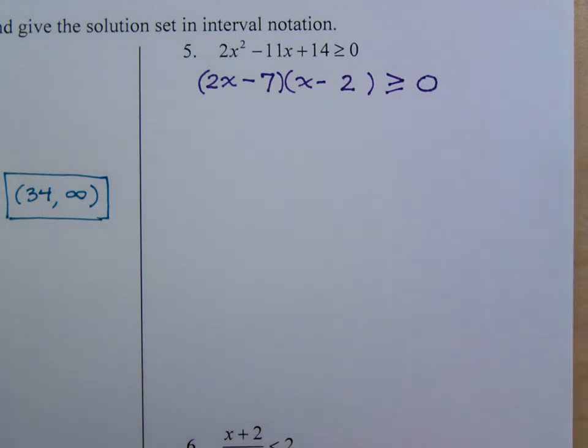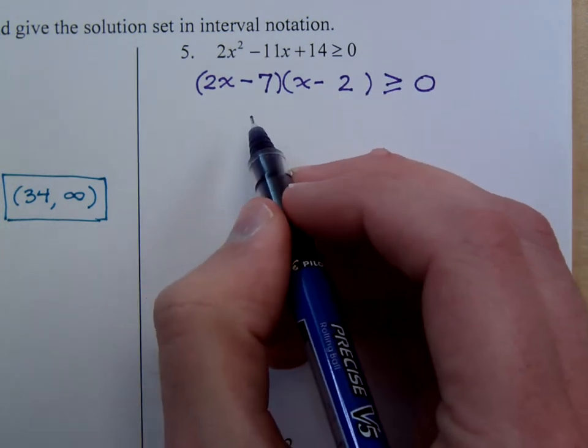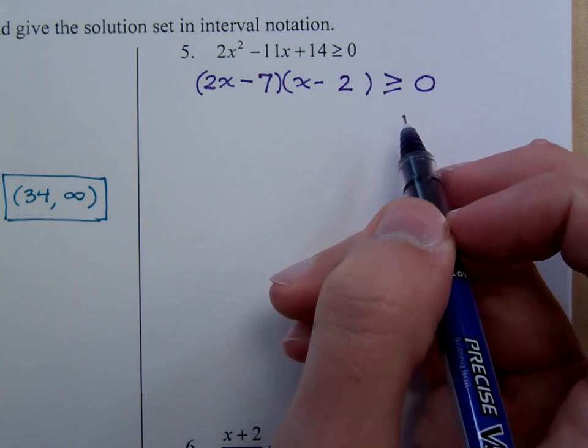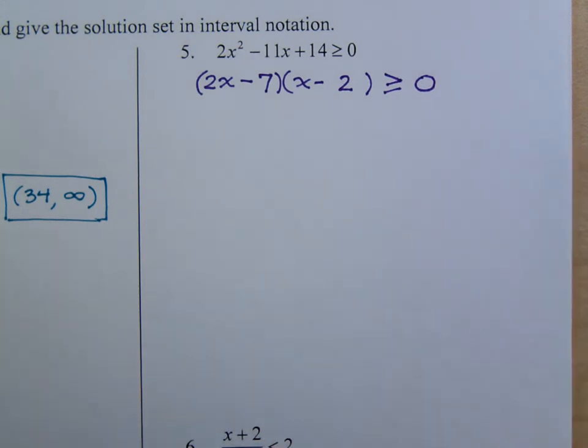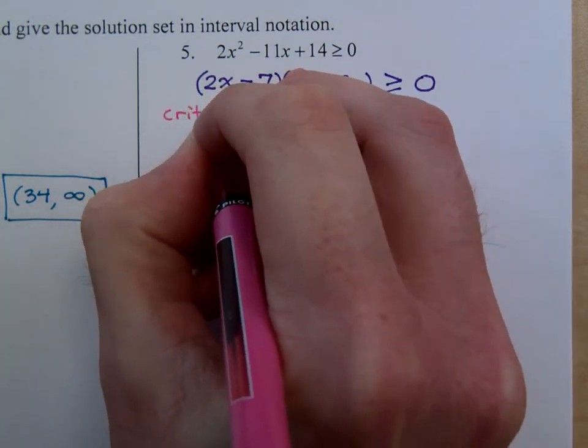Now we want this guy to be greater than or equal to 0. A temptation here is to try to set each of these factors to be greater than or equal to 0, as though you're using some kind of zero factor theorem, but it doesn't work that way. Looking at these guys right here, we want to identify critical values.